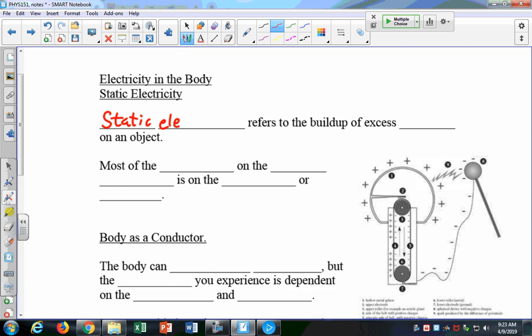Your hair stood up, you could feel it on your eyelashes. So, for example, when you have that Van de Graaff generator, you can get a lot of charge, a lot of electrons on your body. Most of the charge on the human body is on the skin or hair.